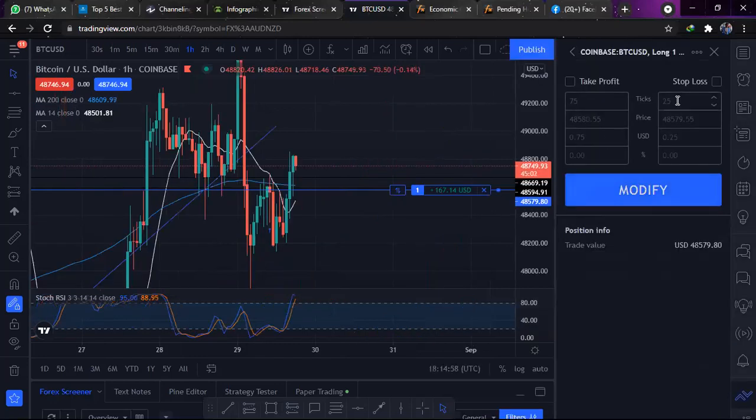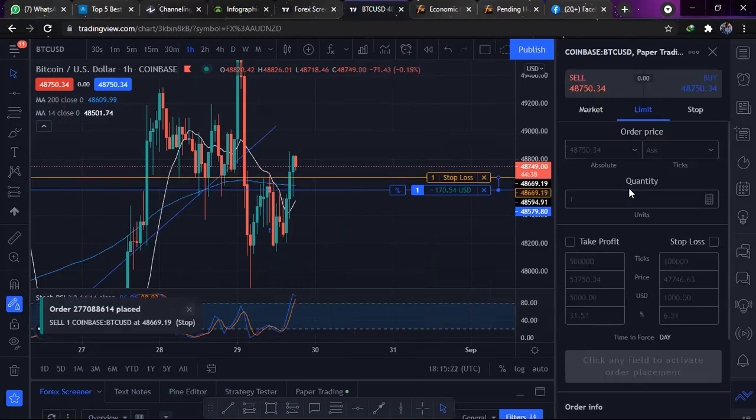So we are protecting it. We set our stop loss. Let me put the price here. The price is 48,669.19. So we've set our stop loss to that level. So we just have to do what?